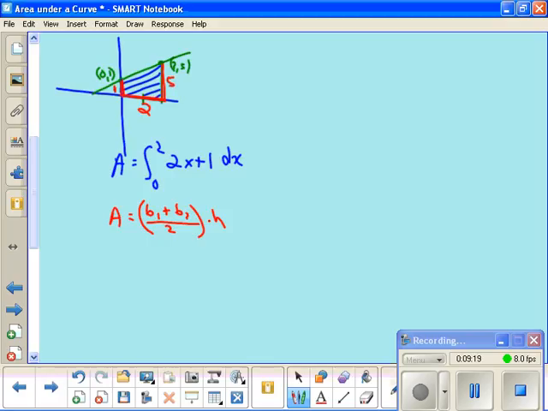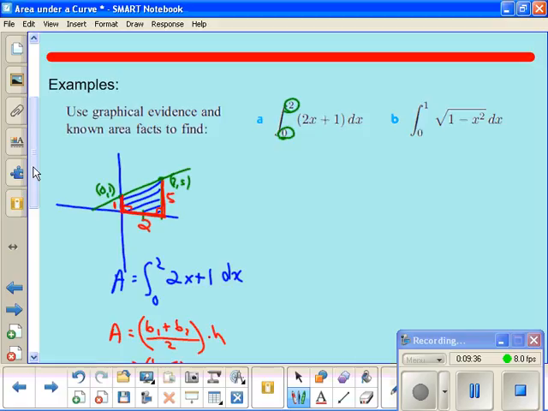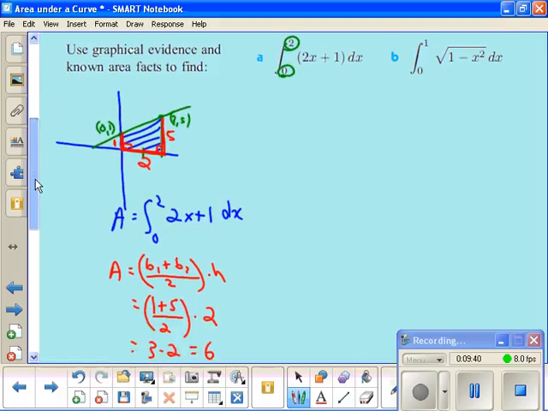Base 1 and base 2 are the two parallel sides, so that would be the 1 and the 5. 1 plus 5 divided by 2 times the height, which is the other side, because it's perpendicular to both those sides. So this is 3 times 2, or 6. So the integral of this problem is simply 6.